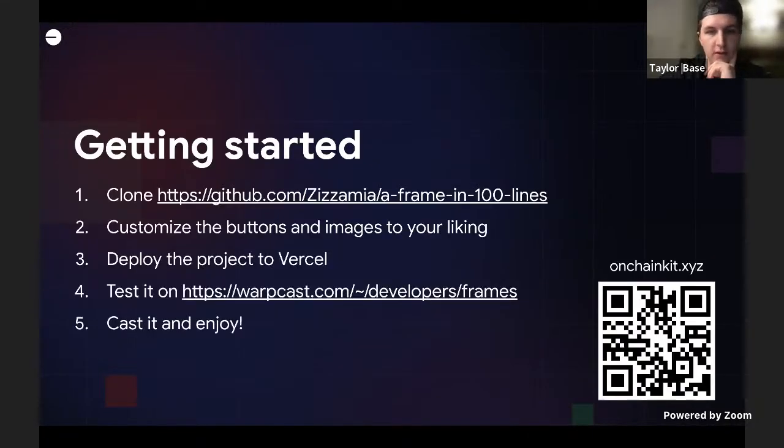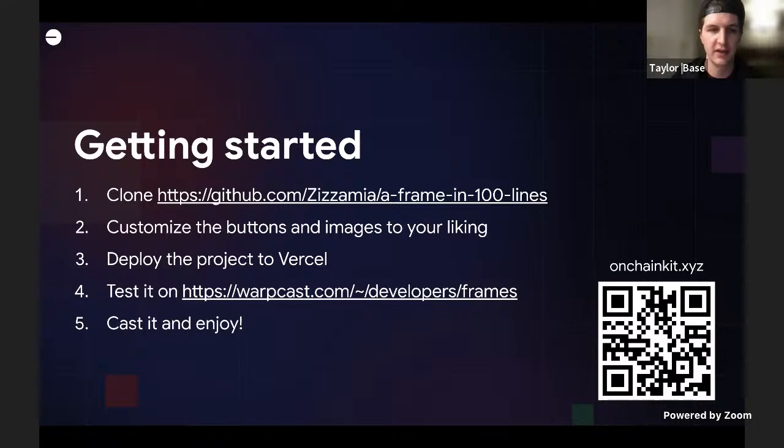Once you visit the docs, you'll also see a link to get started quickly using a bootstrap project known as a frame in 100 lines. This is really a way that you can get started building a frame if you're participating in the hackathon this weekend, and have it up and running within about 5 minutes in 5 simple steps.